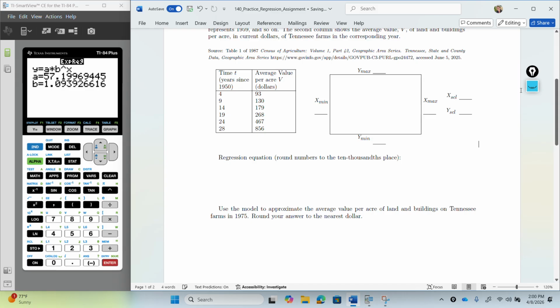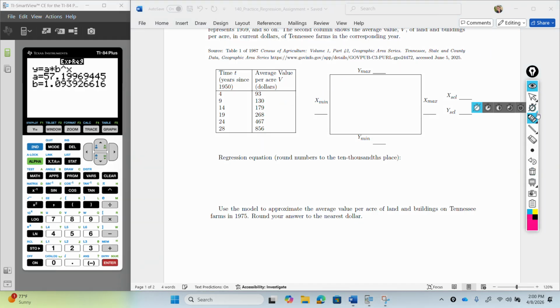Now, your calculator is telling you that the regression equation is y equals a times b to the power of x. And it says to take it to 4 decimal places. So the 10,000th place is 4 decimal places. Now there's a reason why I'm writing this in red, because this is not how you're going to write your final answer.